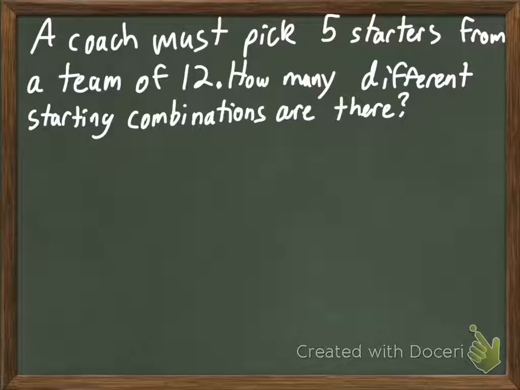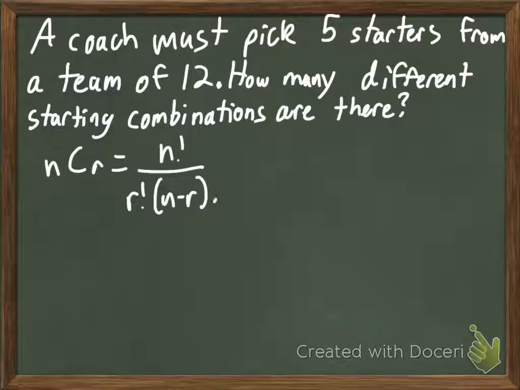So we have our nCr, which is n factorial over r factorial times n minus r factorial. So n is how many we have to choose from. There are 12 players. r is how many do we need? We need 5.